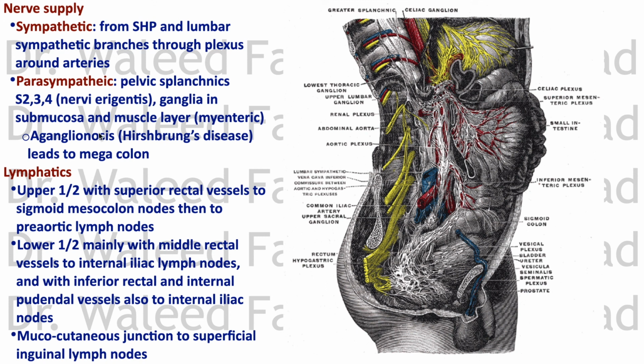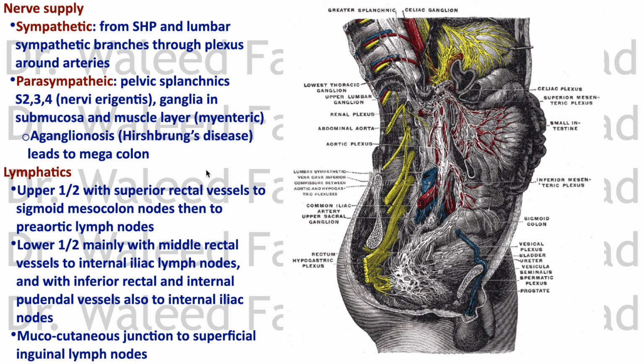The lymphatics: you expect different destinies because of different blood supply. The upper half of the rectum will go with the superior rectal vessels to the sigmoid mesocolon nodes, then to the pre-aortic lymph nodes.